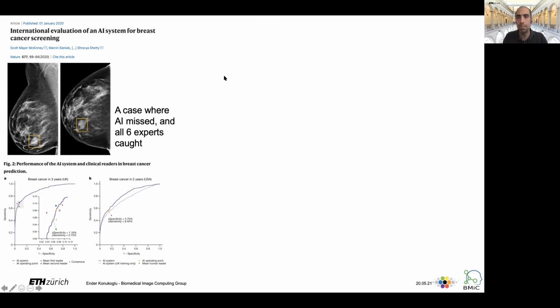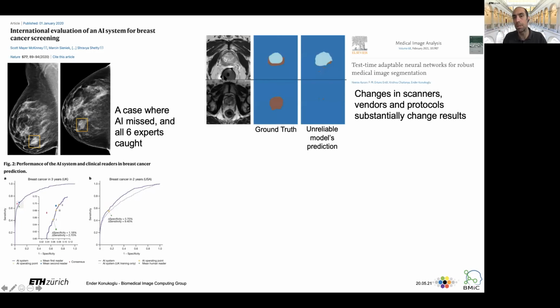So what does it mean? Some examples, from our latest work on basic image segmentation, segmenting prostate glands in MRI. What I'm showing you here is two different sets of images: one with an endorectal coil, but acquired with a slightly different acquisition protocol than the training set, and one acquired without an endorectal coil. Both of them were not used for training, and these data sets differ slightly in intensity characteristics from the training set.